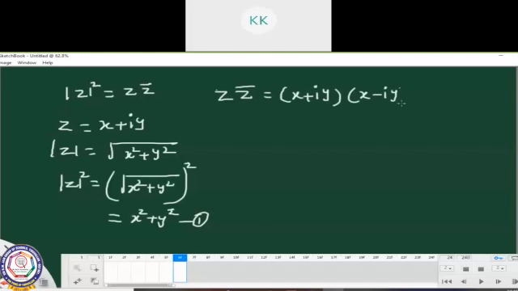So a plus ib into a minus ib equal to a square plus b square. So what is the meaning for that? Both are equal. So modulus of z square equal to z into z bar. Before we enter into the sum, you should know this property. Okay. See the second sum now.